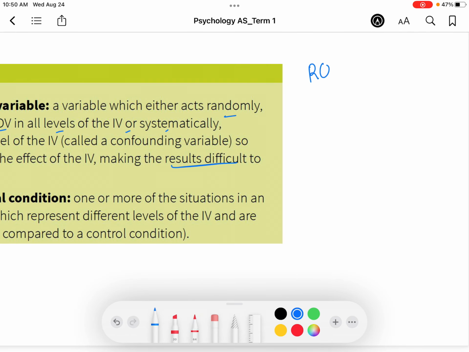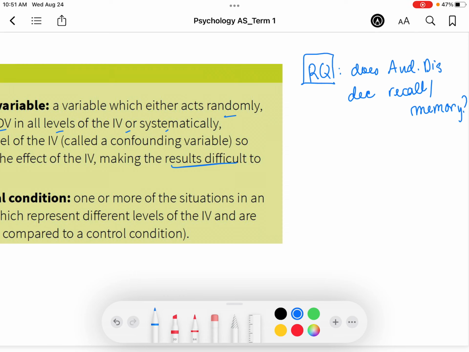So remember that our research question is, does auditory distraction decrease recall or memory, right? Or retention?